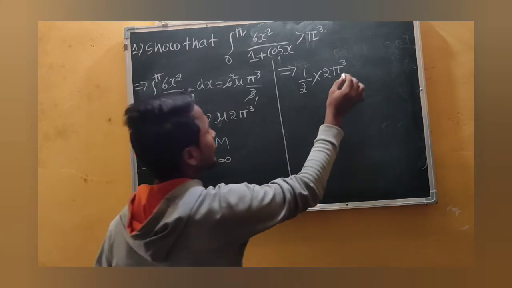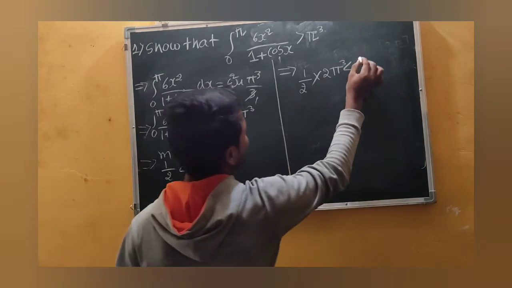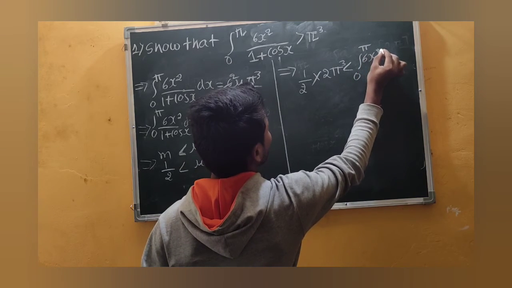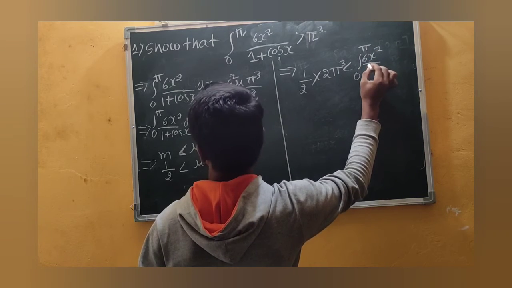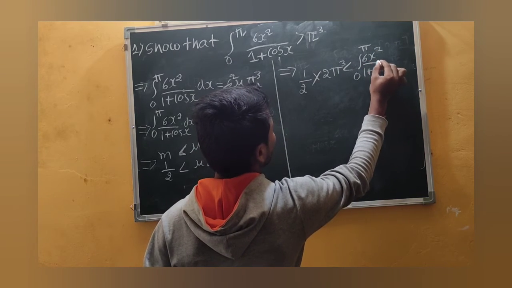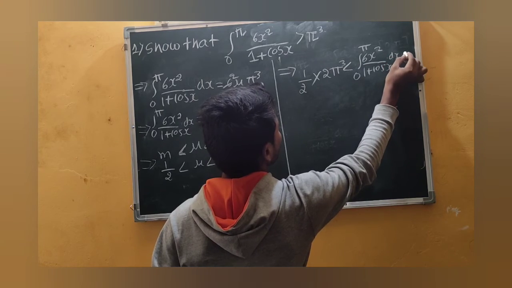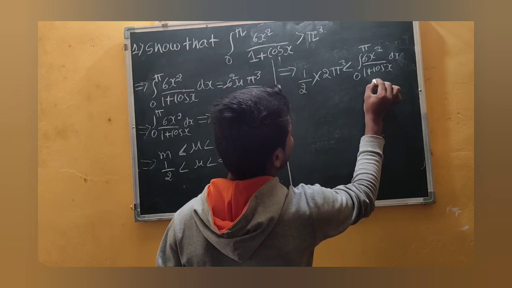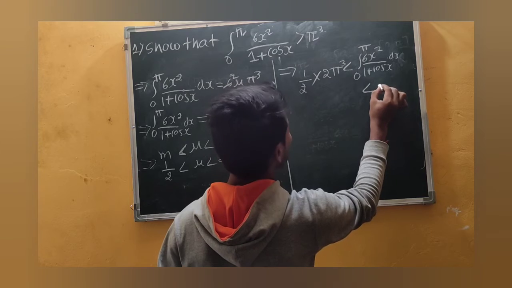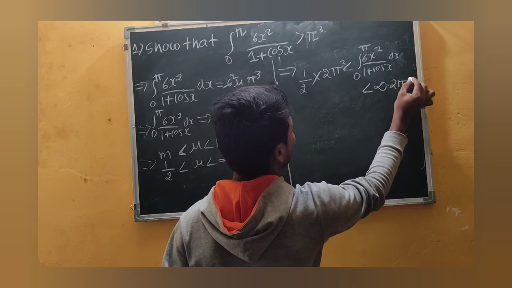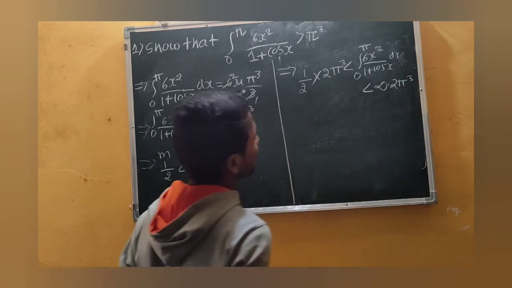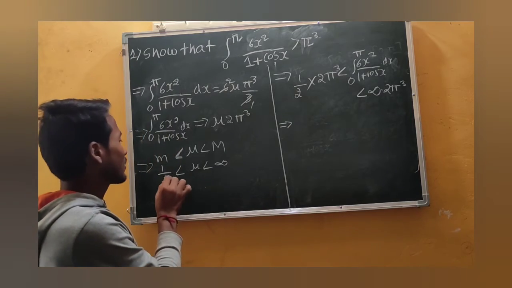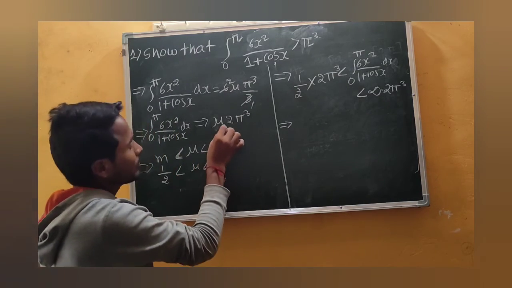So the integration 0 to pi 6x square divided by 1 plus cos x dx is less than or equal to infinity into 2 pi cube. I have written this: mu lies between 1/2 and infinity, so mu equals 2 pi cube.